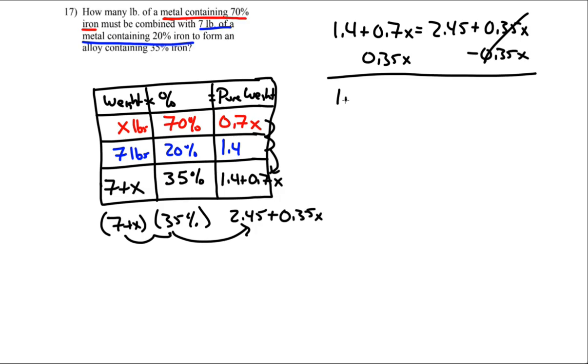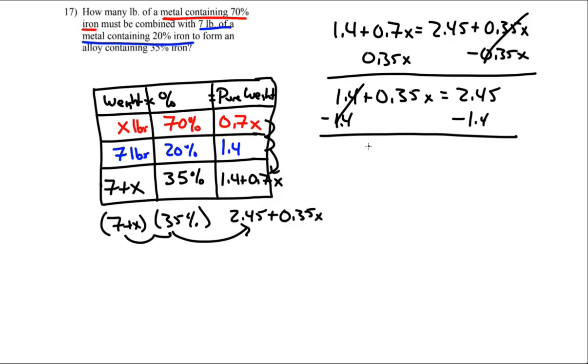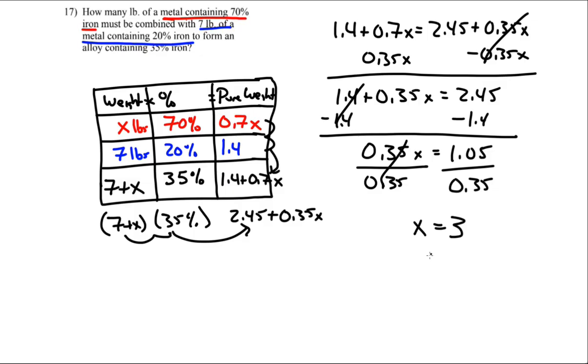So that would give me 1.4 plus 0.35x equals 2.45. Now if I subtract 1.4, and I do that obviously to both sides, not just one, that cancels, and I'm left with 0.35x would equal 1.05. I want to isolate x, so if I divide by 0.35 and do the same thing here, that gets me x equals 3.